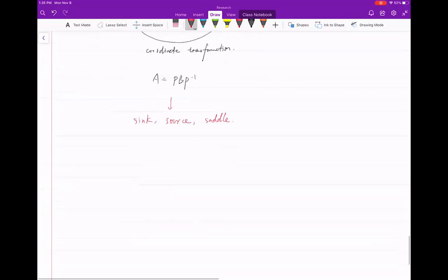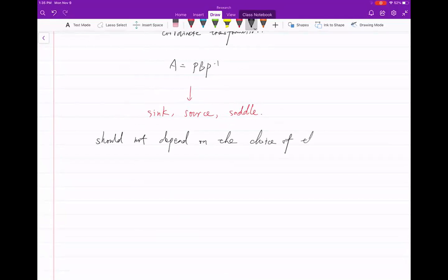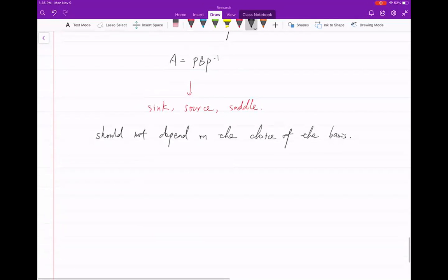Let me write it down. This should not be dependent on the coordinate system, the choice of the coordinate system or just the choice of the basis. Therefore, if you want to use some value to describe the thing, you better use some value that does not change under the change of basis.